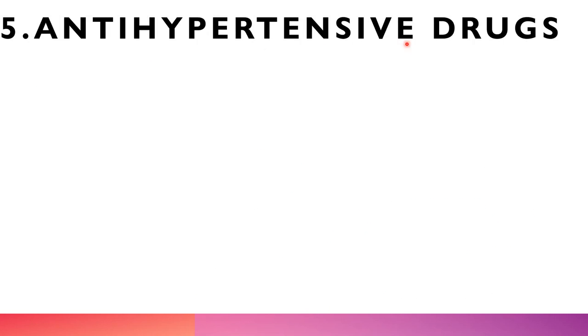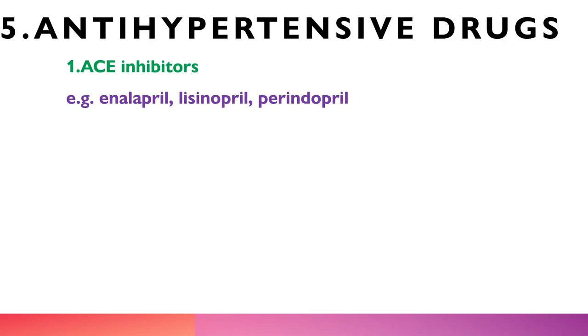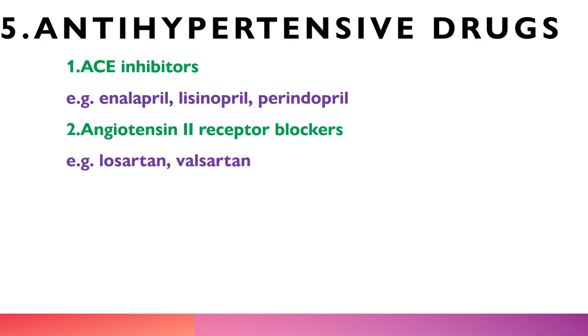Fifth one, antihypertensive drugs. First one, angiotensin converting enzyme inhibitors. Example, enalapril, lisinopril, perindopril. All these are pril drugs. Second one, angiotensin 2 receptor blockers. Losartan, valsartan. Third one, calcium channel blockers.